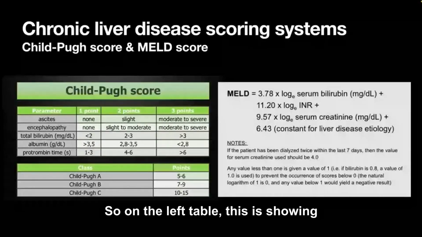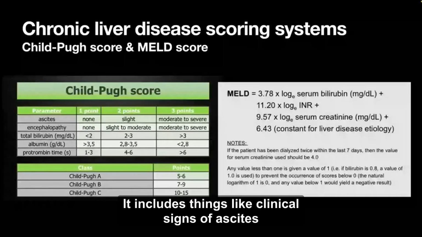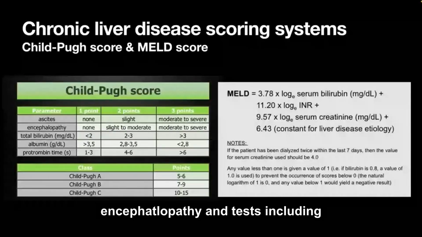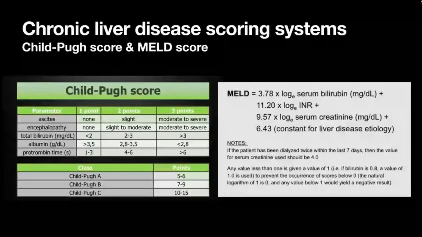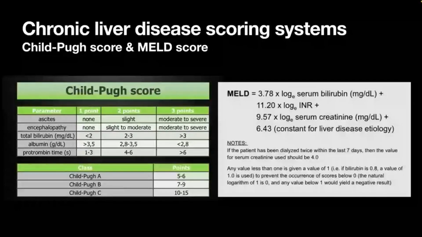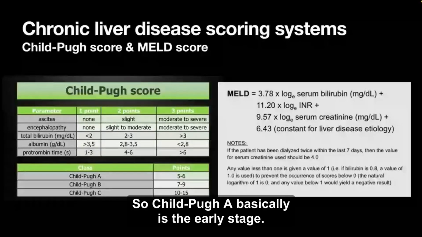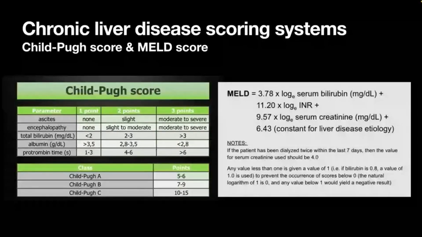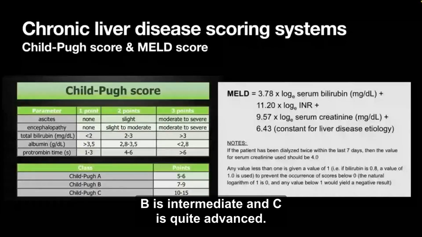On the left table, this is showing how the Child-Pugh score is calculated. It includes clinical signs of ascites and encephalopathy, and then tests including bilirubin, albumin, and prothrombin time. Then you add up the scores, and they will give you Child-Pugh class A, class B, or class C. Child-Pugh A basically is the early stage, B is intermediate, and C is quite advanced.